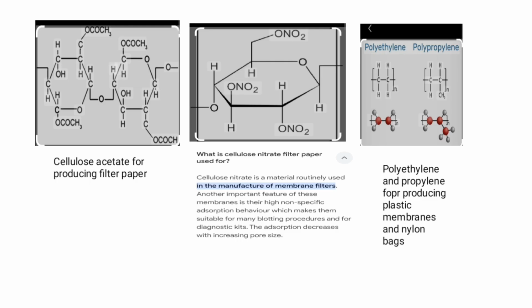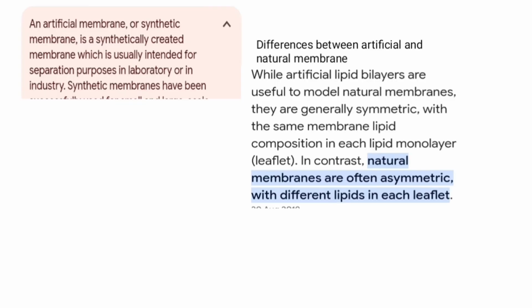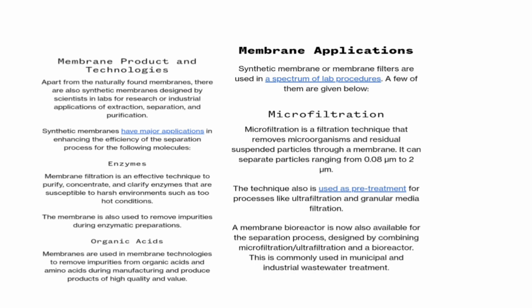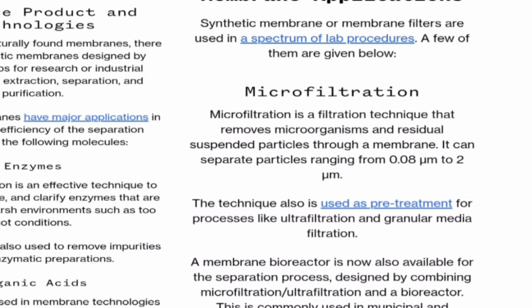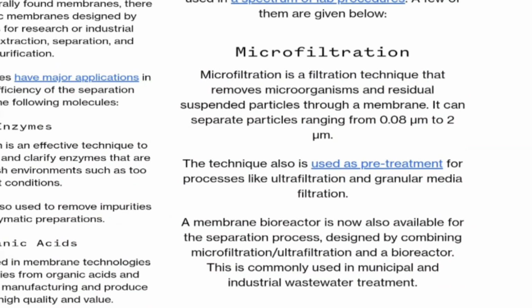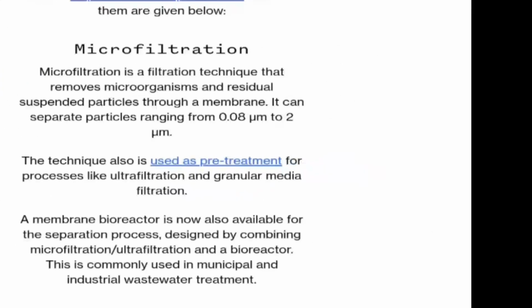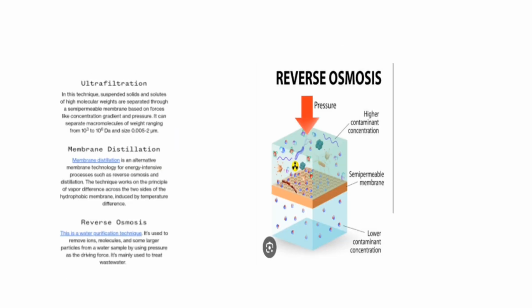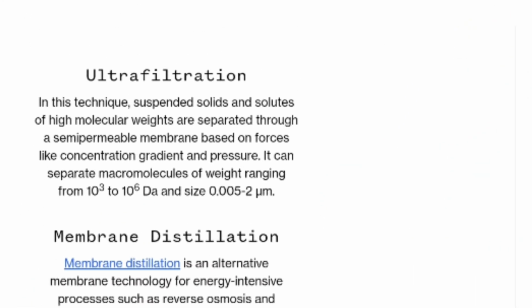Then what is the application? Let's go to the application of artificial membrane. Artificial membranes are used in microfiltration. So what is microfiltration? You define it. It's a filtration technique that removes microorganisms and residual suspended particles through a membrane. They are usually used in the treatment of water. Another application of artificial membrane is ultrafiltration.